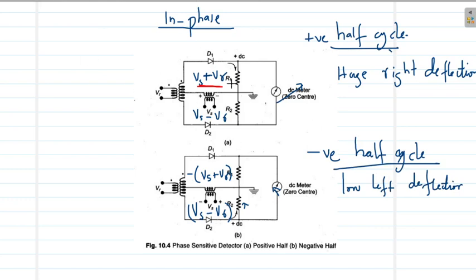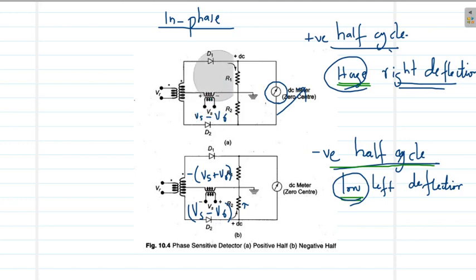So during the positive half cycle, the galvanometer will deflect towards the right by a large amount, and during the negative half cycle, the galvanometer will deflect towards the left by a small amount. Balancing these two, when this is repeated 50 times or n number of times, on average this galvanometer will show a right deflection, because the right deflection is more and the left deflection is small.